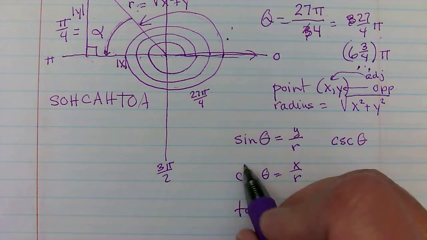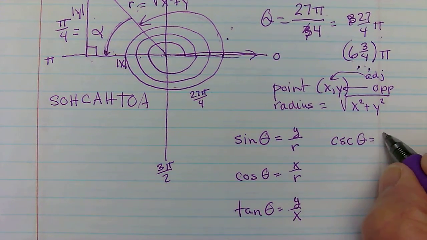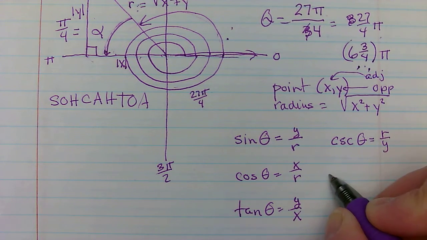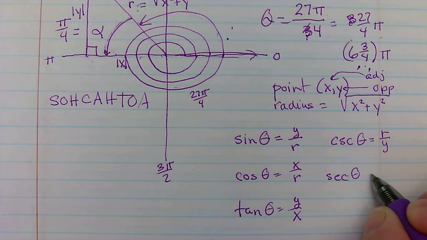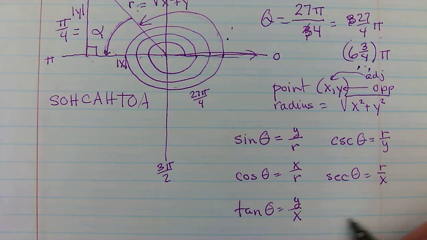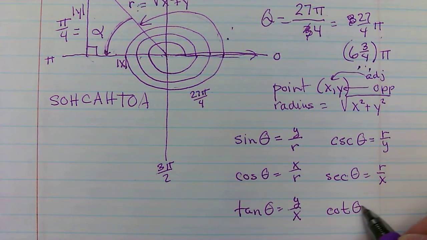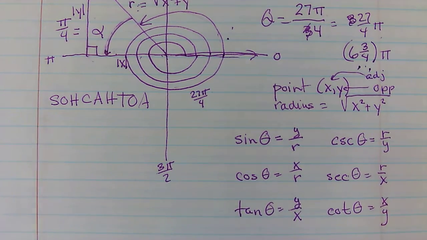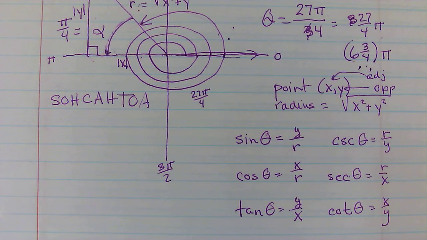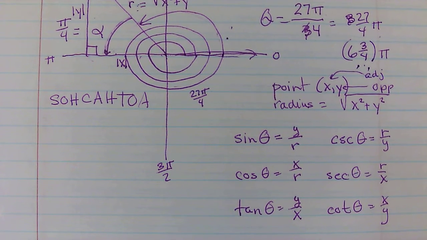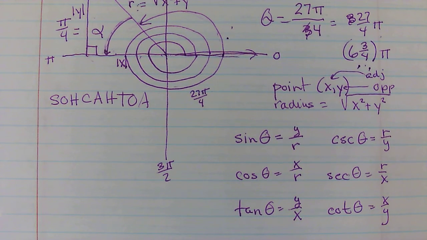The reciprocal of sine is cosecant, so it would be r over y, and the secant would be r over x, and the cotangent would be x over y. So with that in mind, that means that our trig ratios sometimes will have negative values.